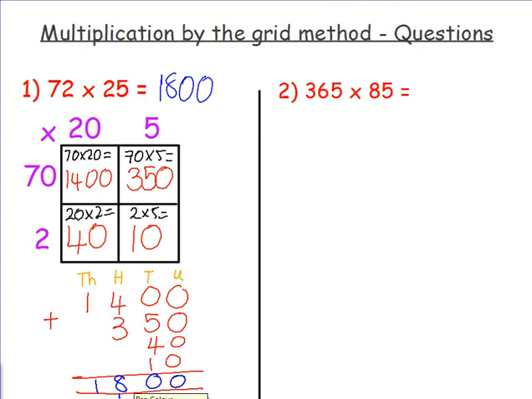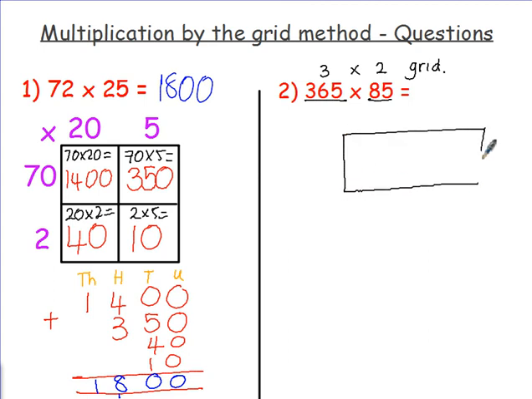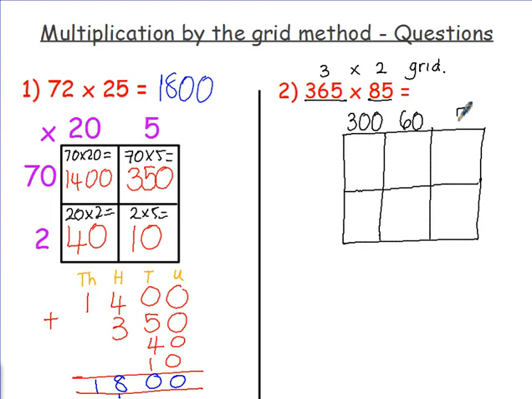On the second one, it's a little bit harder because you've got to draw the grid yourself. I know my grid is a 3-digit number by 2. Start by drawing my grid. Split it into place value. Now I can start multiplying.